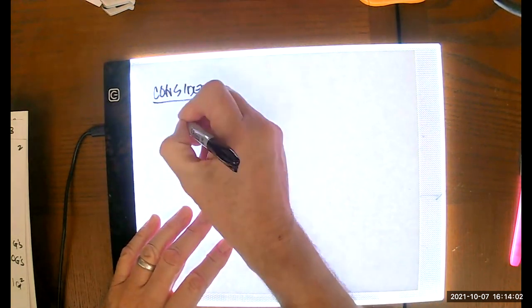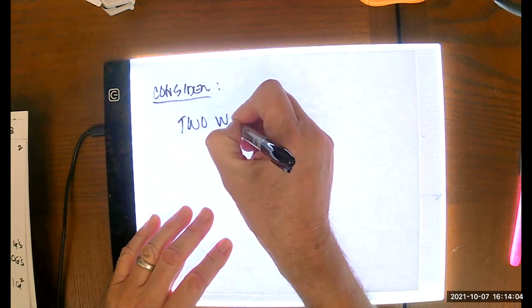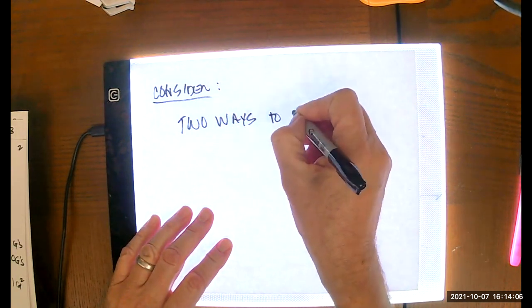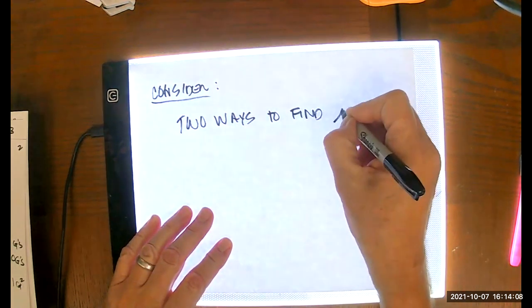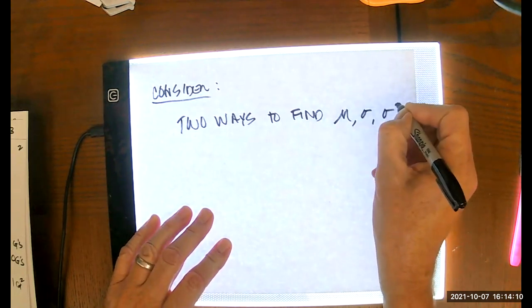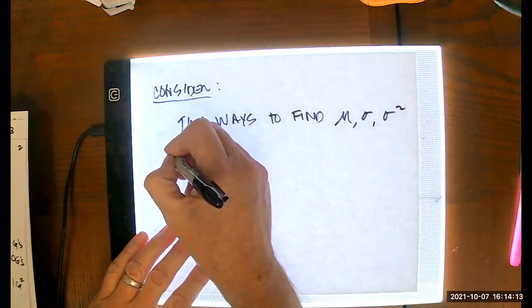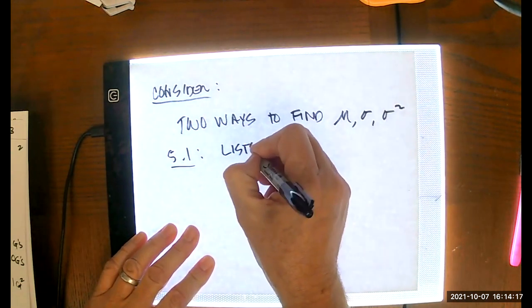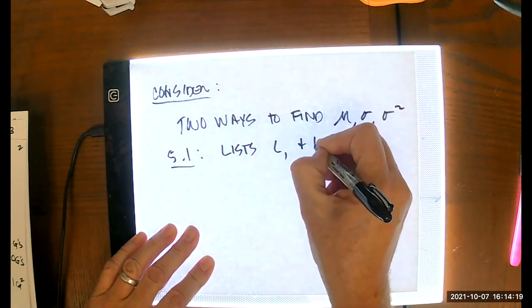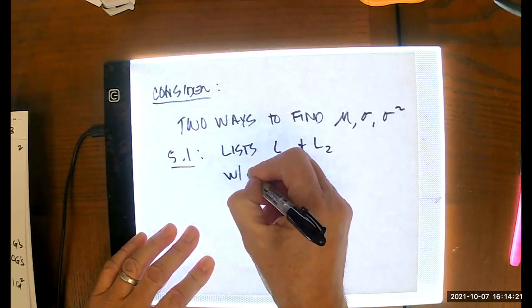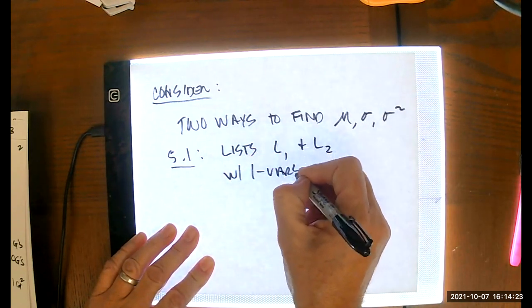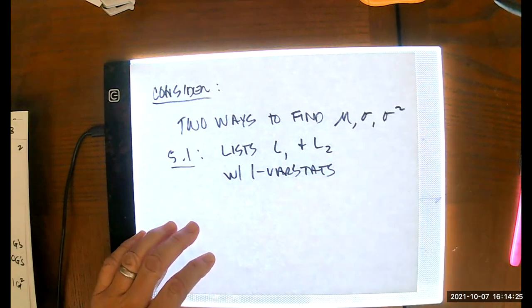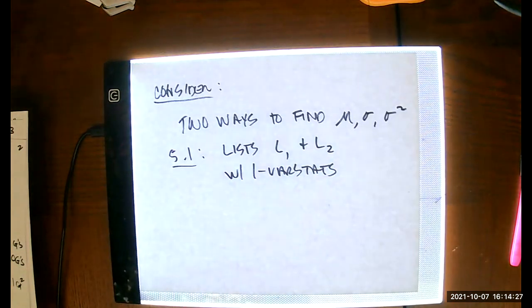So consider, we have 2 ways to find the mean and the standard deviation and the variance. 5.1 gives us list 1 and list 2, and I can use the one variable stats operation to do that calculation.